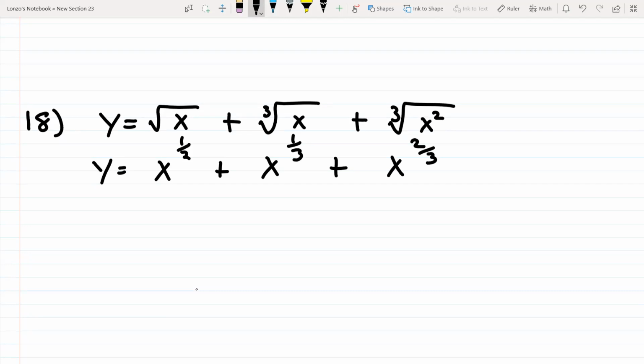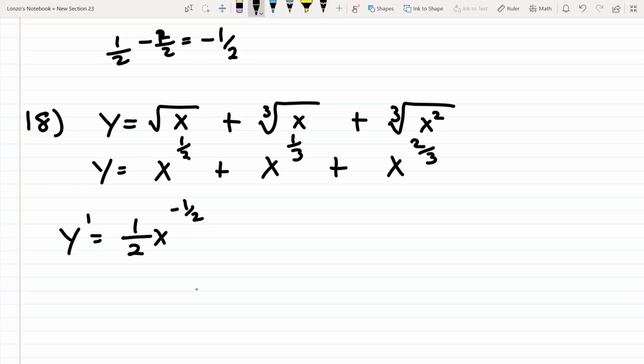And then just take the derivative using power rules. So this would be 1/2 x to the negative 1/2. Why is it negative 1/2? Because 1/2 minus 1, or you can say 1 as 2/2, is the same thing as negative 1/2.